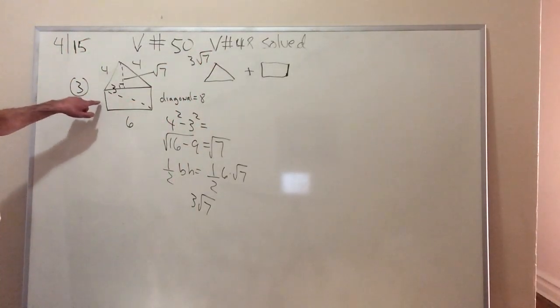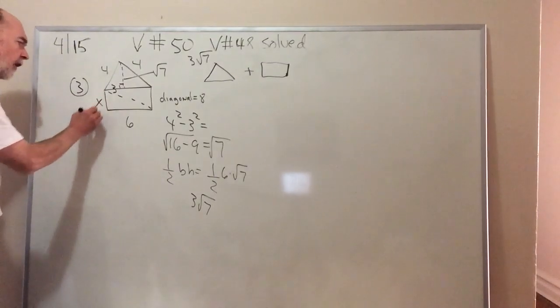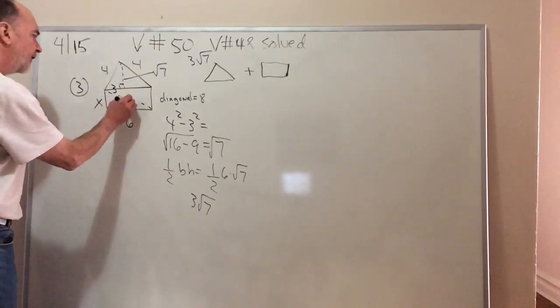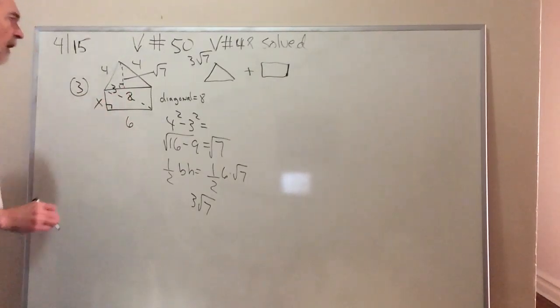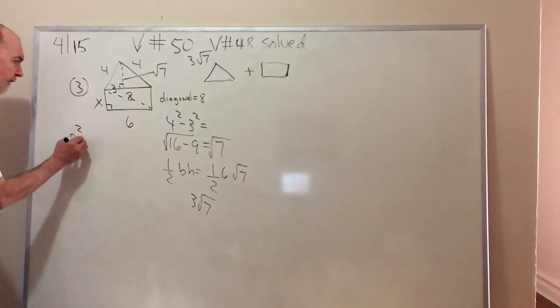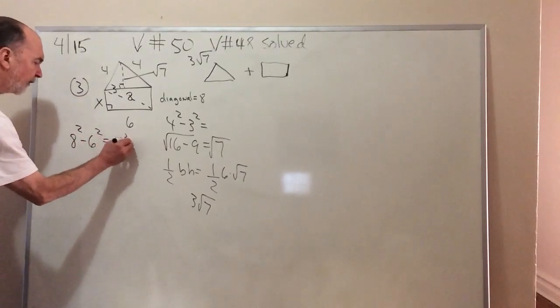I can't do the area of the rectangle because I don't know this side here. I'll call it x, but I do know that the diagonal is 8. There we go again with the theorem of Pythagoras. So it's 8 squared minus 6 squared equals x squared.